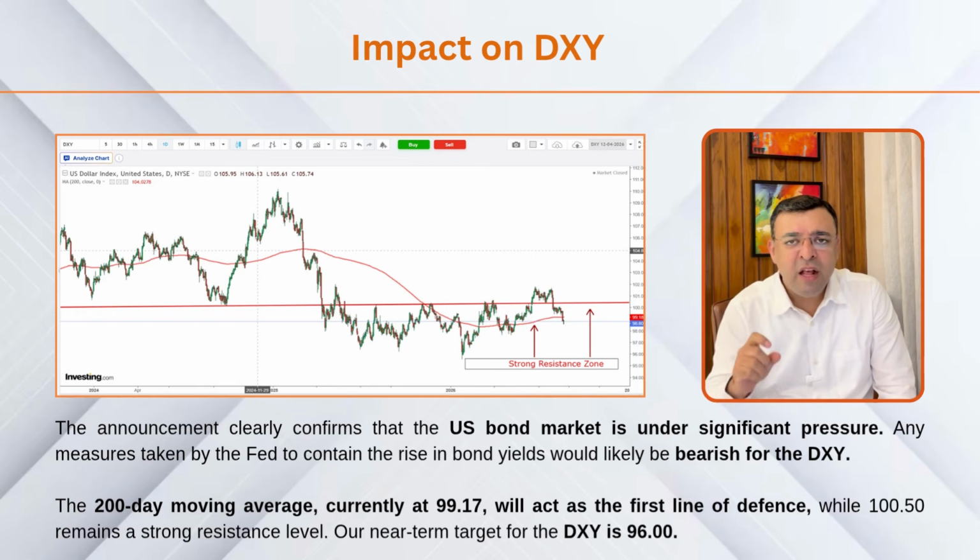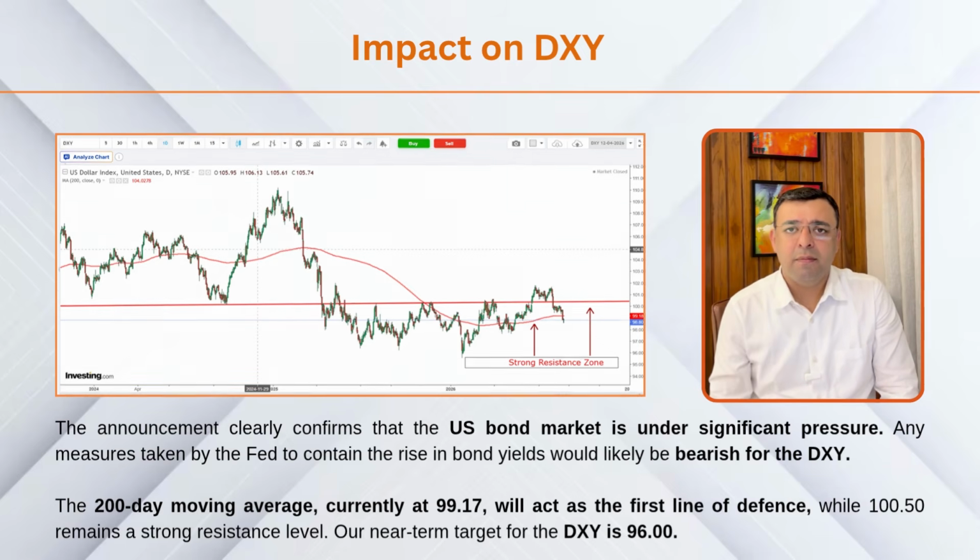The chart clearly suggests that the dollar index is going to have strong resistance near 99.17 kind of a level, which is the 200-day moving average, and the second resistance will be at 100.50. We are expecting that the dollar index is likely to move towards 96 kind of levels.